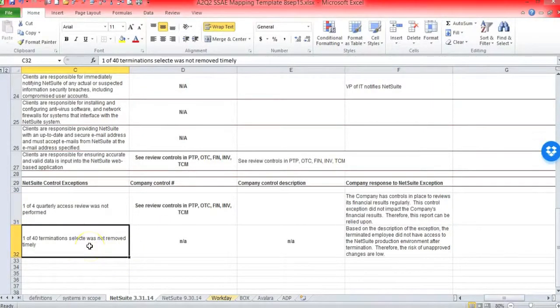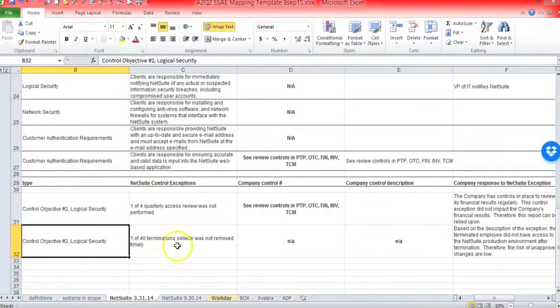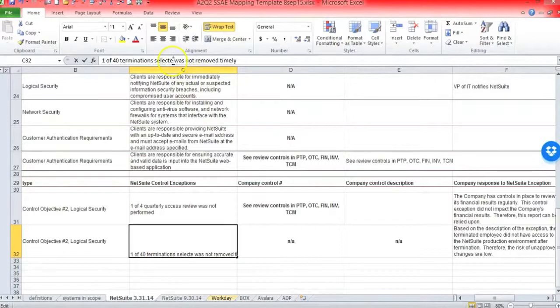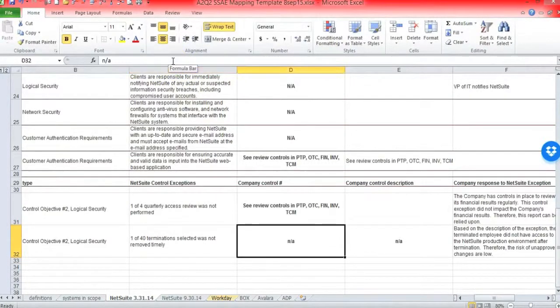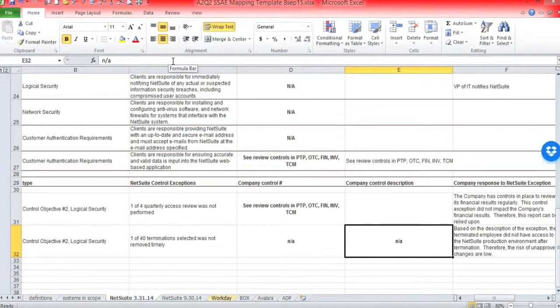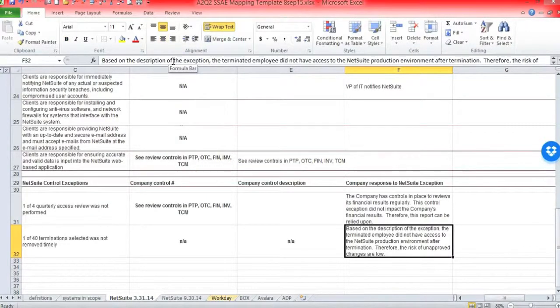The next one that you'll see is, remember I told you that they had 1 out of 40 terminations selected was not removed timely. And so here it says, what control do you have as a company to verify that this exception doesn't impact you? And essentially here I've written that based on the description of the exception, the terminated employee did not have access to the NetSuite production environment after termination.